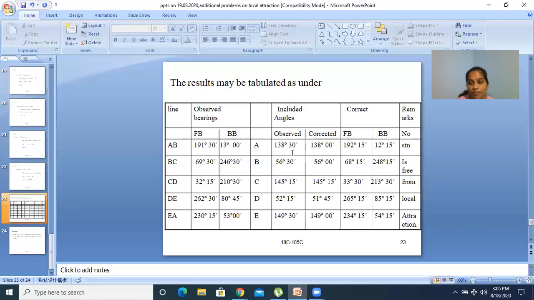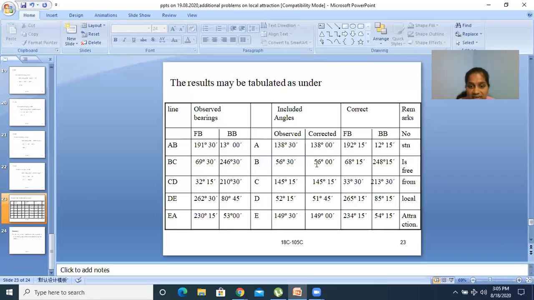So that is 30 minutes is the error. Then our error is positive, so we have to add this one as negative. Correction will be negative. So minus 30 minutes is the correction. You have to add the minus 30 minutes to all these angles, so that we get correct included angles.